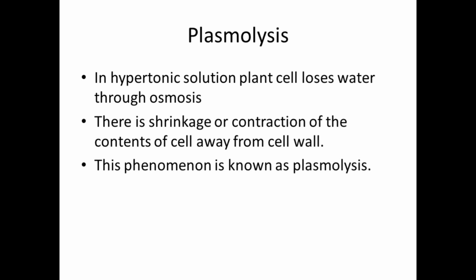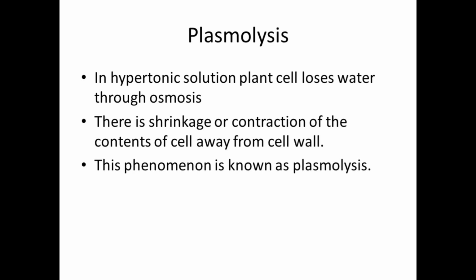Plasmolysis is another important phenomenon. We have to study plasmolysis now. In a hypertonic solution, a plant cell loses water through osmosis. If we keep a plant cell in a hypertonic solution, what happens? The plant cell loses water. Hypertonic solution means the water will move out of the cell.